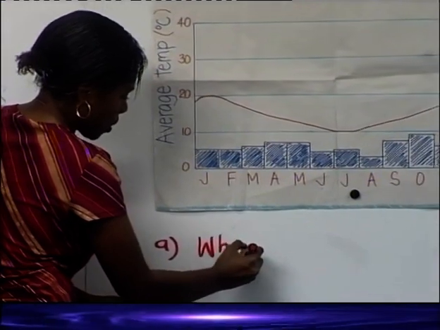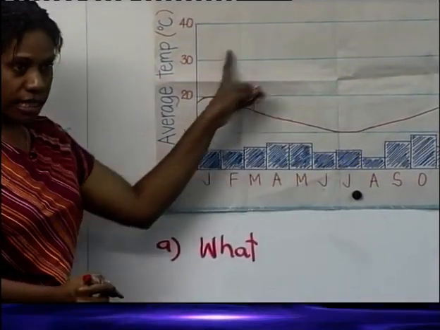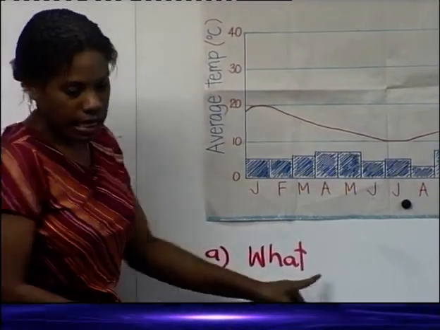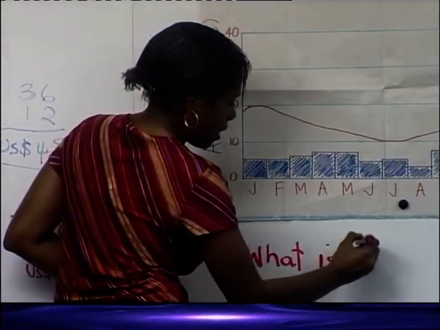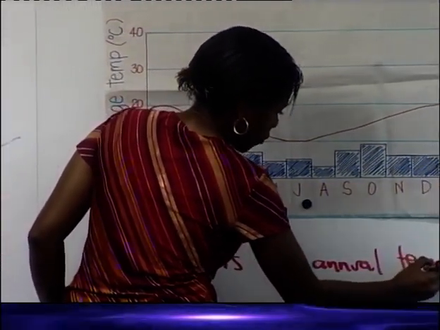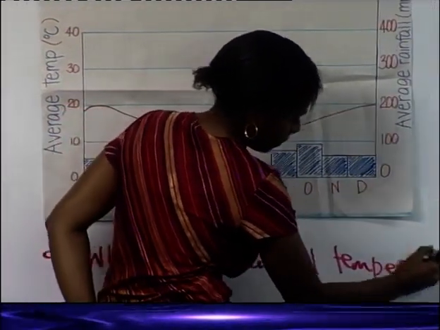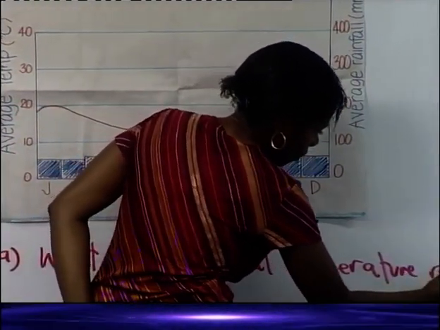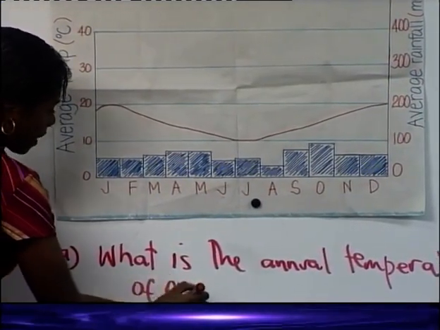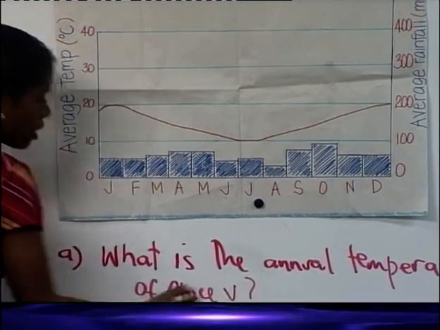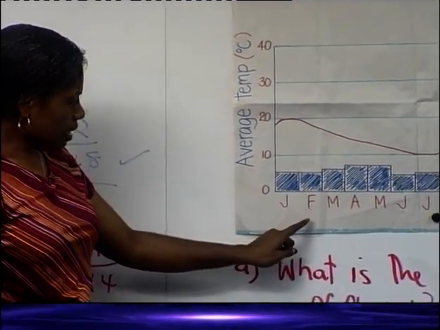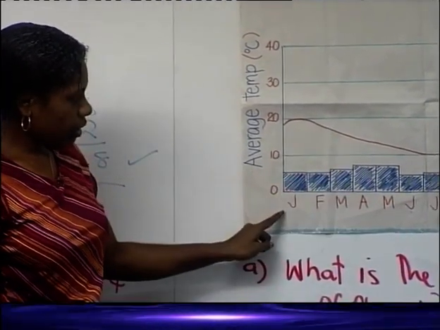I'm going to write the first question down and you answer it. You study this climate graph, and then you answer the question. What is the annual temperature range of place V? Receiving students, you can get that question down, and then you can study this climate graph.